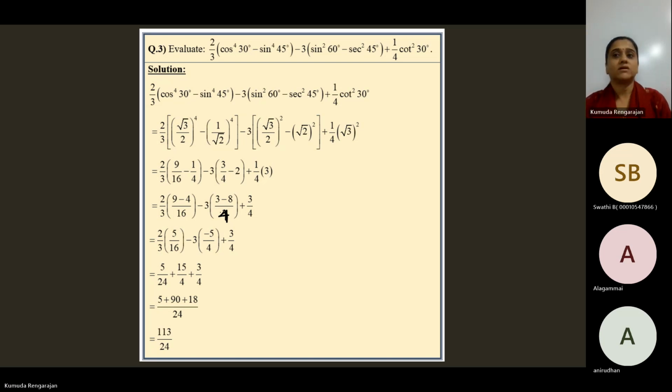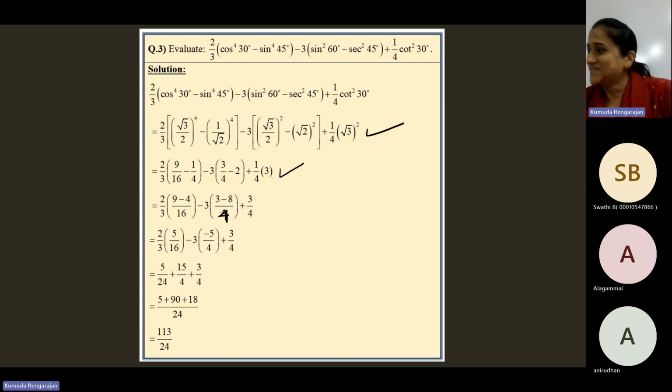So how many of you have got the first line correct? This one, meaning the substitution line. Very good. Better response this time. Then this one, calculating this. So what's your final answer? The board is clear.